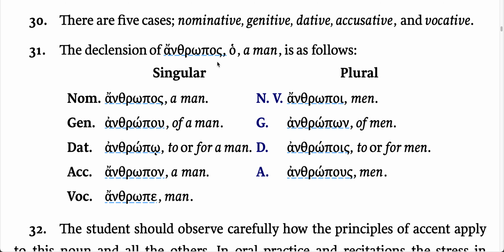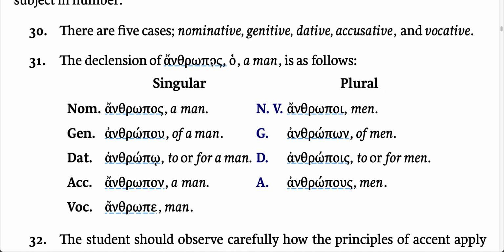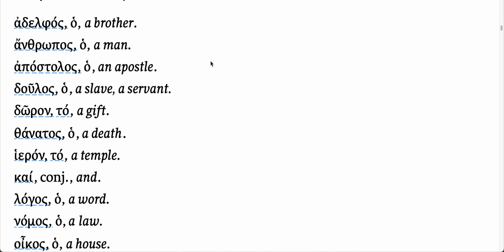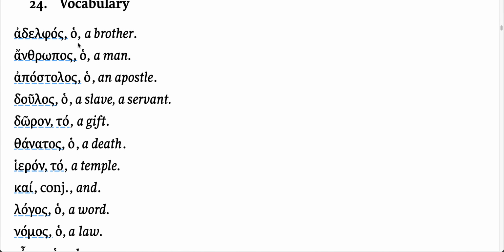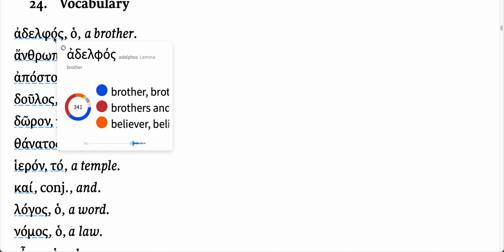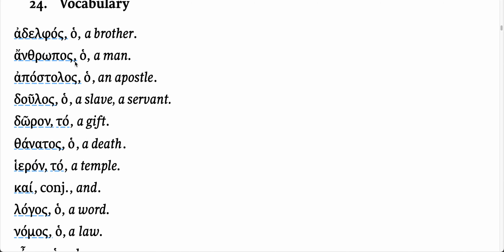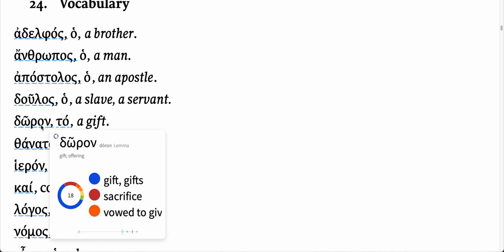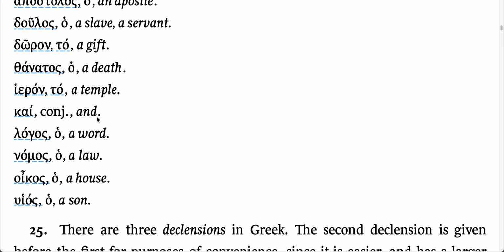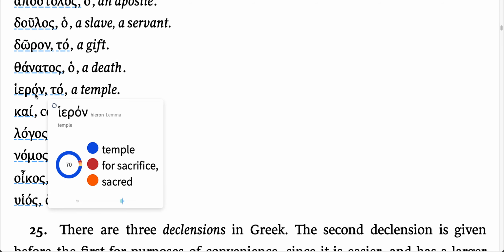Notice that the vocabulary word always has omicron sigma, omicron sigma, omicron sigma, omicron sigma. See that? Now, if it's neuter, it has a different ending, omicron nu.